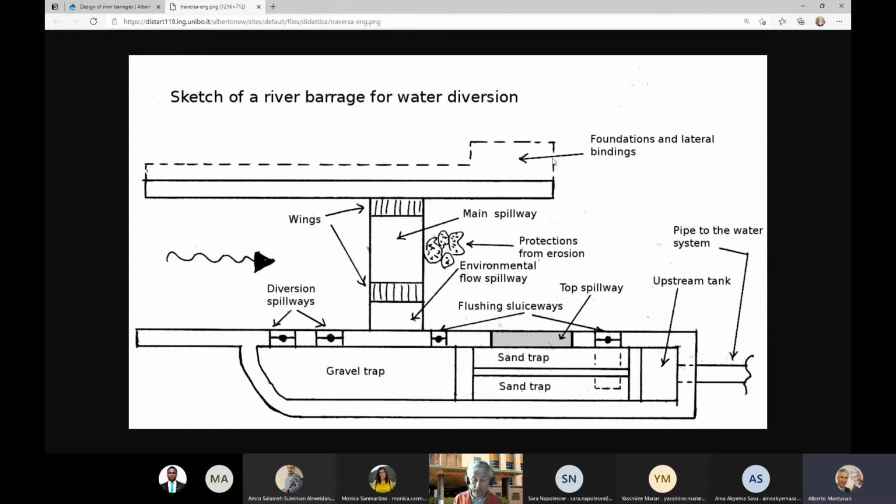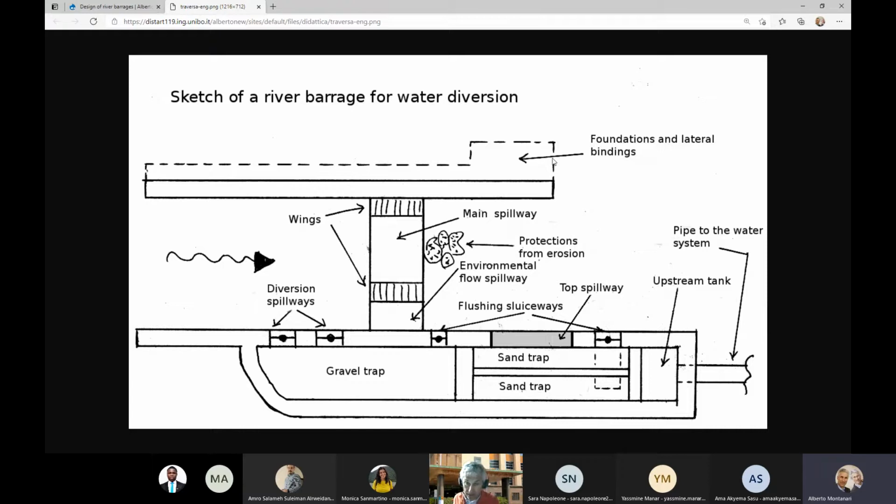When you design something that interacts with a river and is meant, like in this case, to take water from the river, you want the water to remain fully under control. You don't want water going out of control.